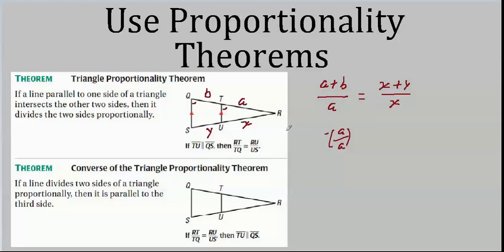Minus that, and that equals X plus Y over X minus, how about X over X? That's also equal to 1, right? Well, when we do this, we've got common denominators here. All we have to do is subtract our A from the top and we get B over A. Over here, we perform our subtraction and get Y over X.